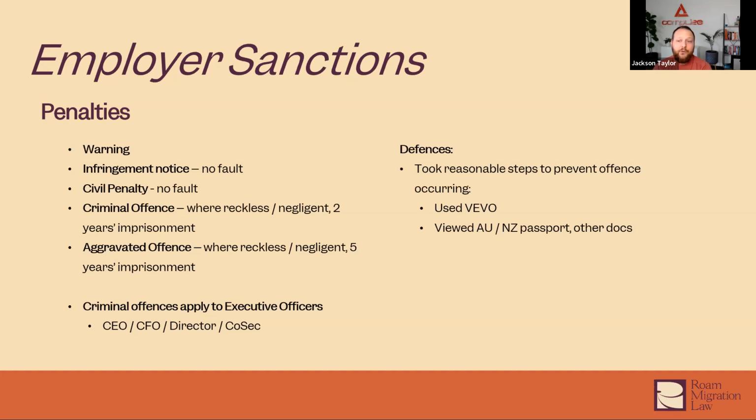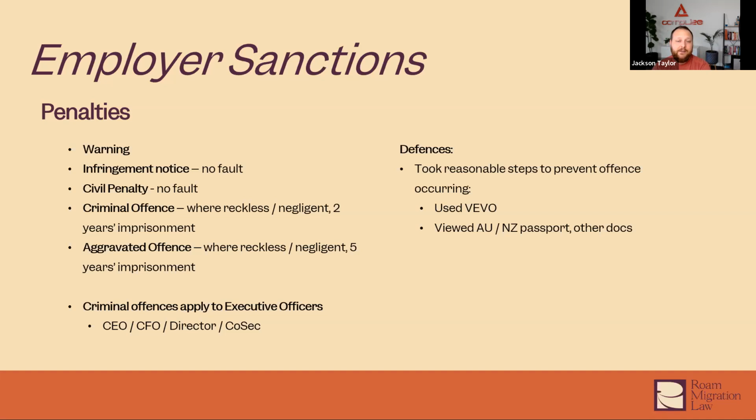In terms of defences, the only defence that is available in this context is set out in the legislation, and it is that you have actually taken the necessary steps to check that a person had the right to work, either using the Visa Entitlement Verification Online system, or that you've cited relevant documents that are set out in the regulations, such as an Australian passport or a New Zealand passport.